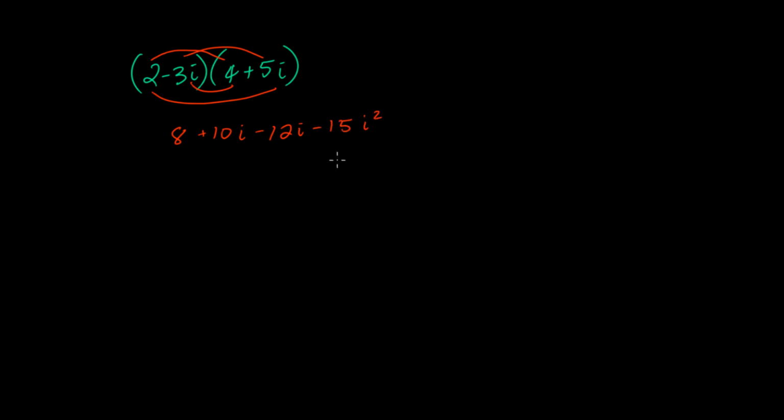15i squared. Now, if you remember back to the beginning of the video, we said that i squared is equal to negative 1. So this is just negative 15 times negative 1. So we can then simplify this. It becomes 8 plus, so 10i minus 12i, that's a negative 2i.